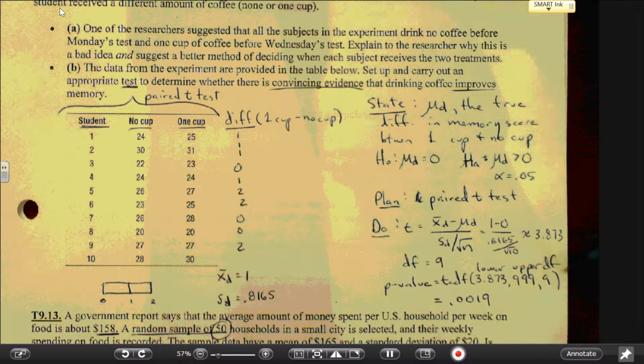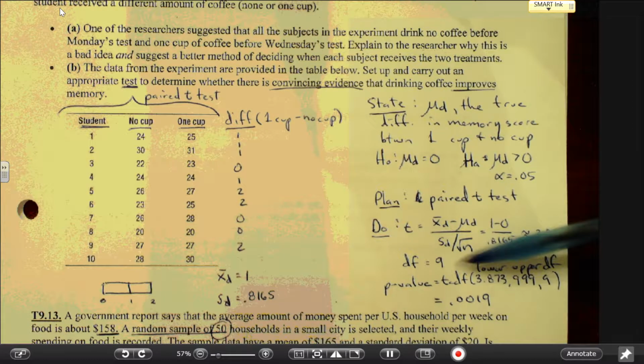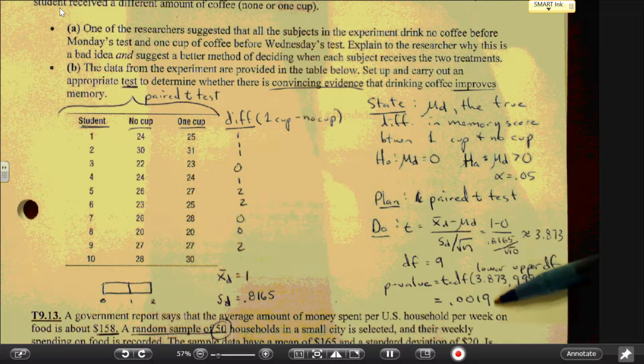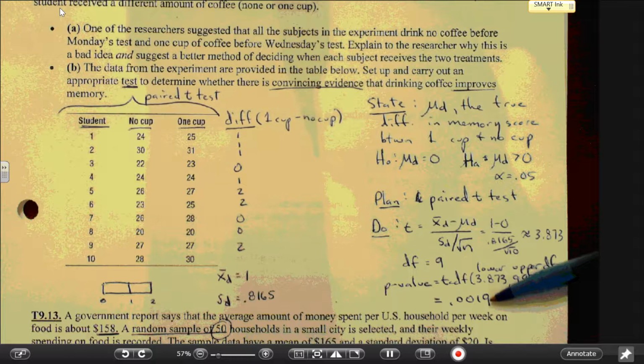Degrees of freedom are 9, and why is it 9? Because we have n minus 1 degrees of freedom, and there are 10 in the sample. That gives us a p-value of 0.0019, which tells us that we will reject H0 because p is less than alpha. Therefore, we do have sufficient evidence to say that coffee does increase words remembered.